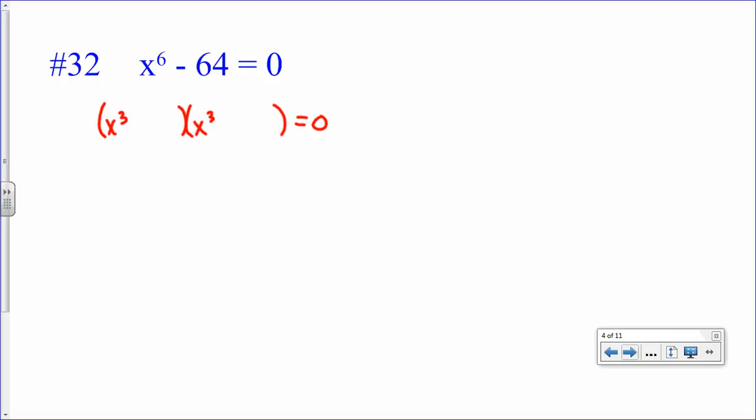So remember why that is. The square root of x is x to what power? The square root is x to the 1/2. So if you're doing the square root of x to the 6th, that's x to the 6th to the 1/2. So that's x cubed, since 1/2 of 6 is 3.